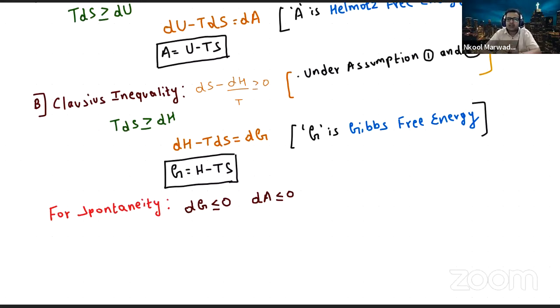If the free energy is increasing, then no spontaneous process is taking place. Because in every process, some free energy will be utilized. This is what they are telling, and it makes sense also.